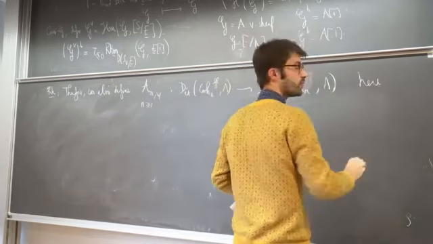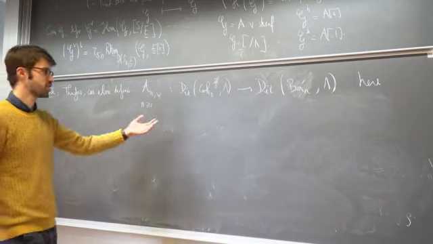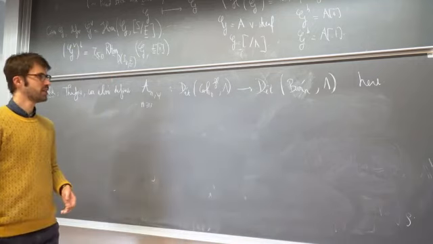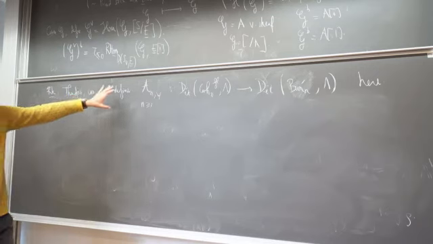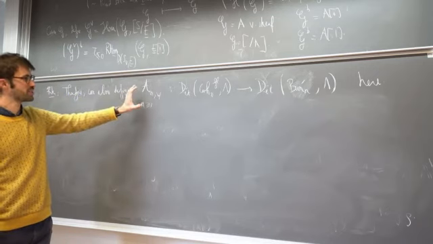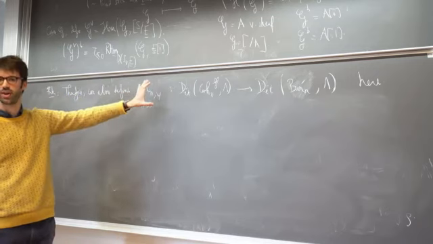Once you have the Fourier transform, you just copy the definition I gave. You get similarly defined functors. So the next lecture will be devoted to trying to see what these functors have to do with the Langlands program.